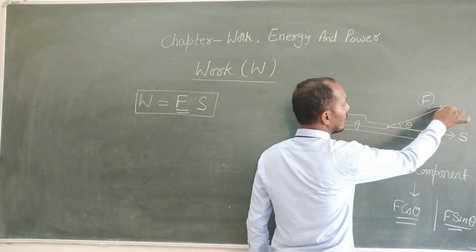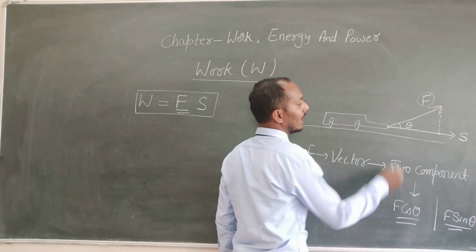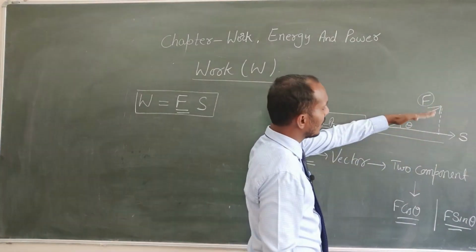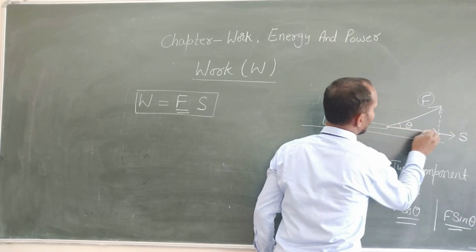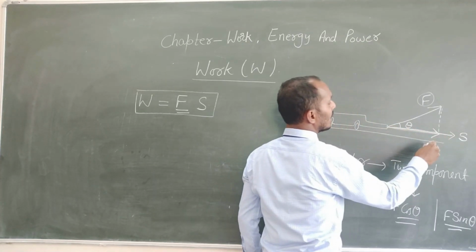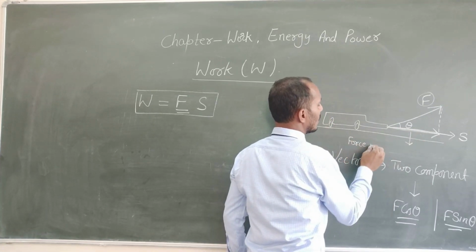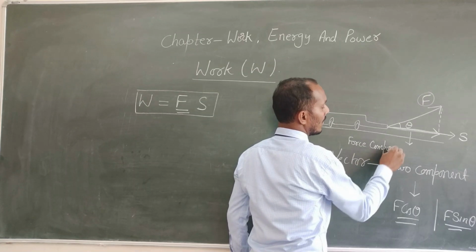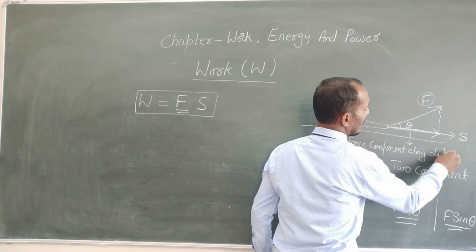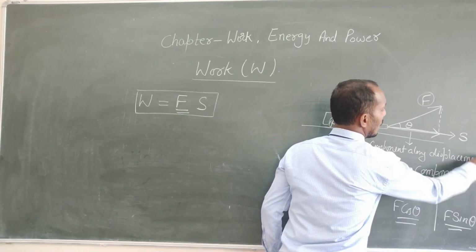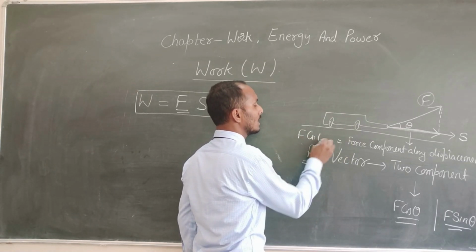So when you talk about the components F cos theta or F sin theta, there is a component along the displacement, which is F cos theta. You remember this point. This is the force component along displacement, which is F cos theta.